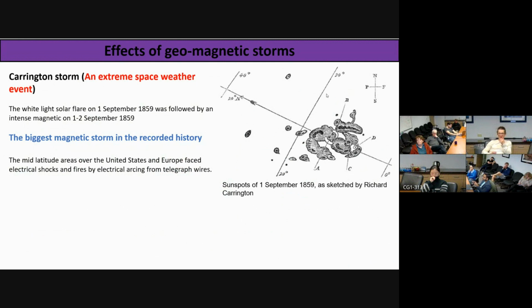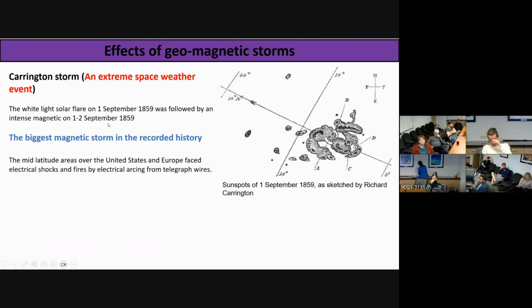Mostly these are observed in the higher atmosphere of the sun at coronal height, but the intensity of this solar flare was so strong that it was also traced on the solar photosphere itself. This was the huge solar flare that occurred in 1859, and as a result there was an intense magnetic storm registered in September 1859, the biggest magnetic storm recorded in history.